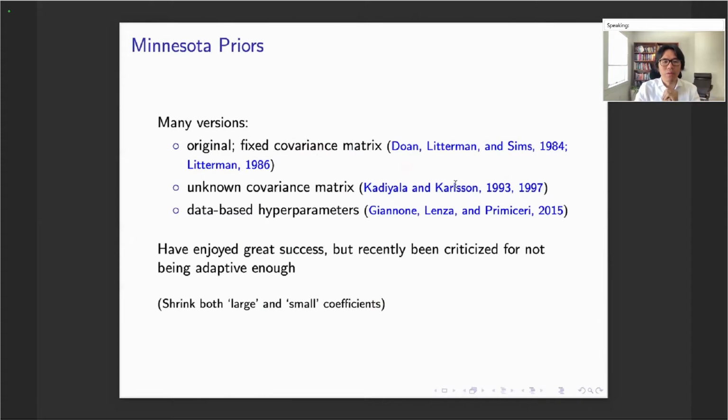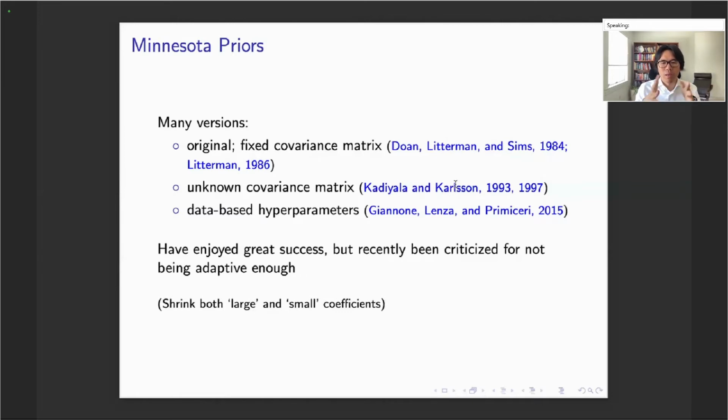So for the first one, I would like to start with shrinkage priors. In this area, the most prominent class of priors is the Minnesota priors, tracing back all the way to the 80s, to the work of Litterman and Sims and various co-authors. The original version was before MCMC, right?